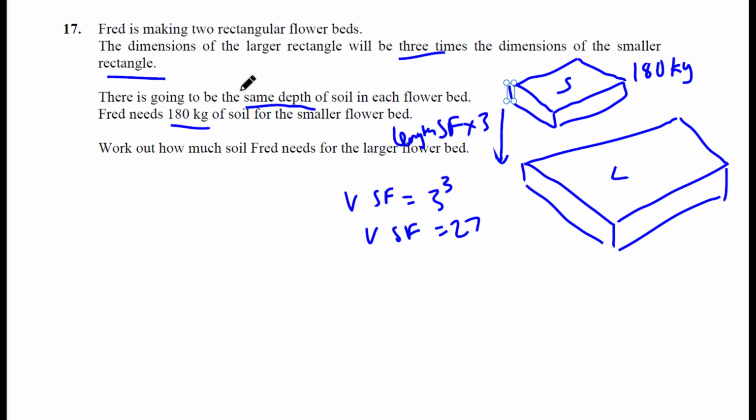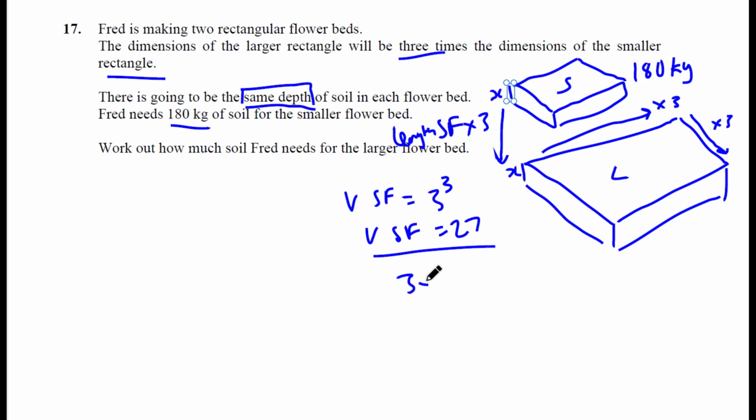Because this same depth thing changes the question, this depth, this x, is going to stay the same, but the length of it is going to be times 3 and the width of it is going to be times 3. So essentially this is the common error that students will make.